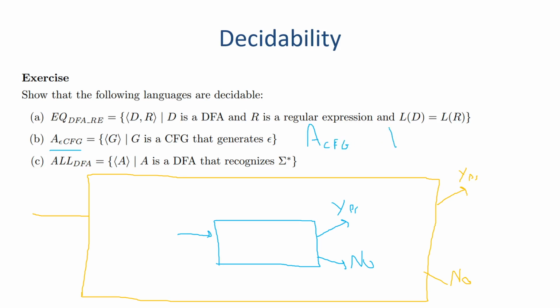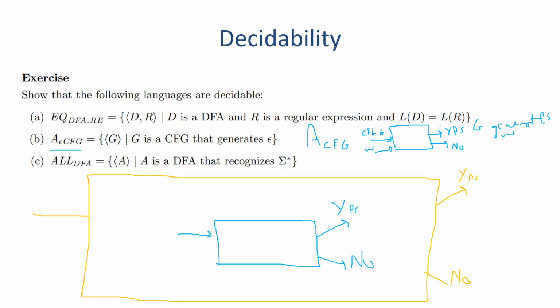What is A_CFG? It's the machine that, given some context-free grammar G and some string W, will tell you yes if G generates W. If you're able to create the string W using G, it'll tell you yes.